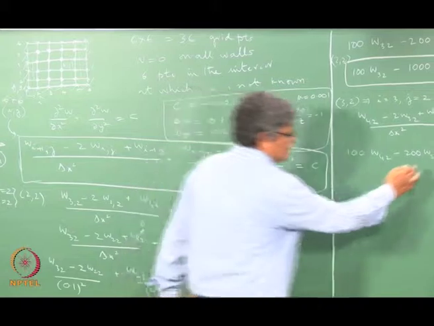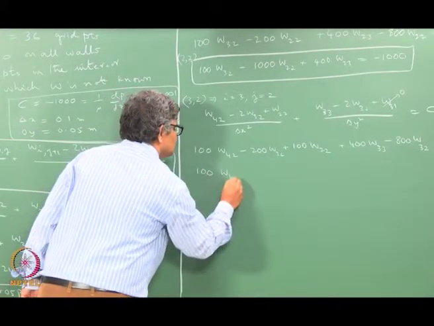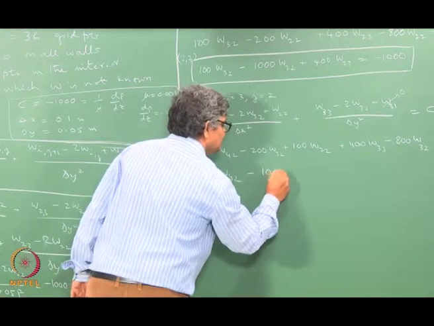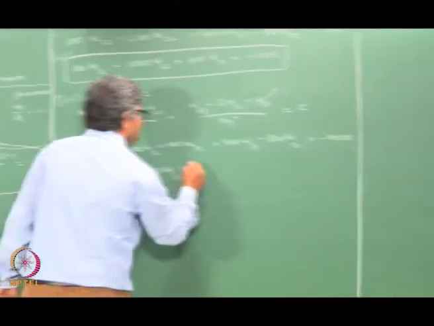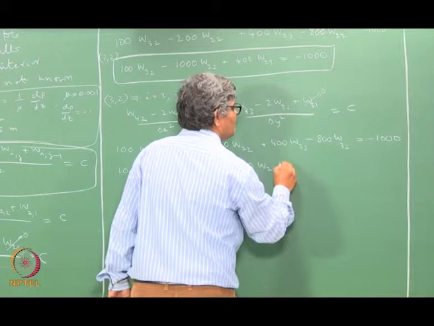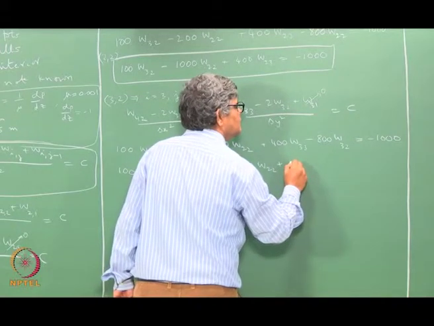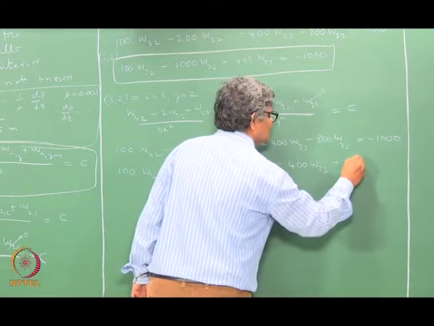Okay. Again we can add these two to get 100 W42 minus 1000 W32 plus 100 W22 plus 400 W33 equal to minus 1000.